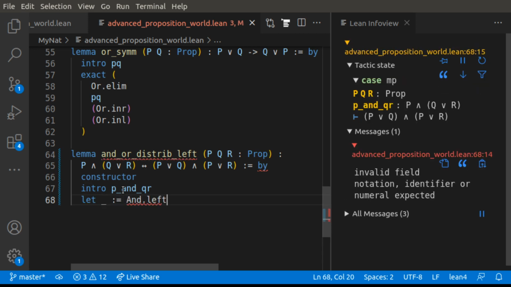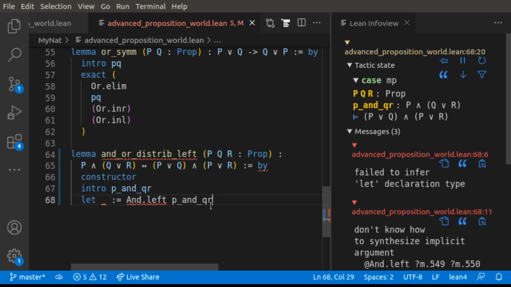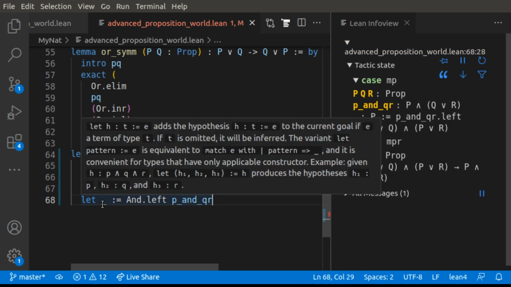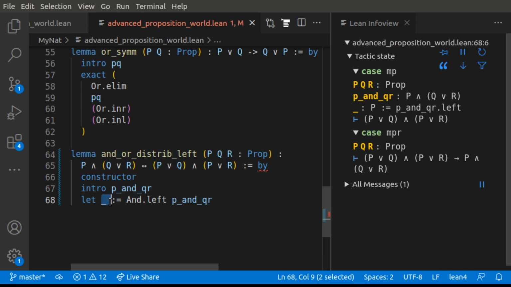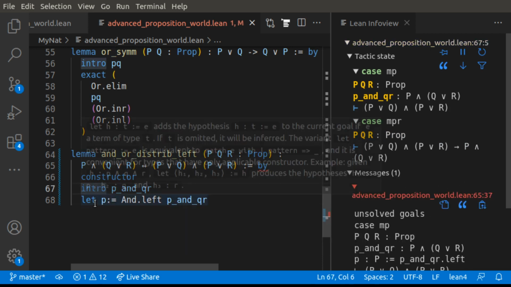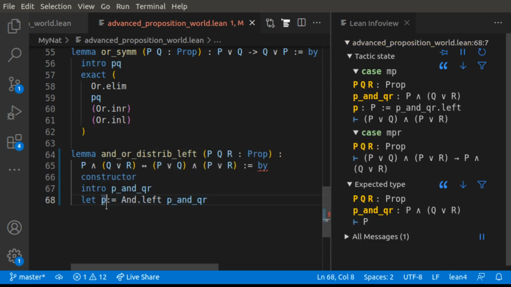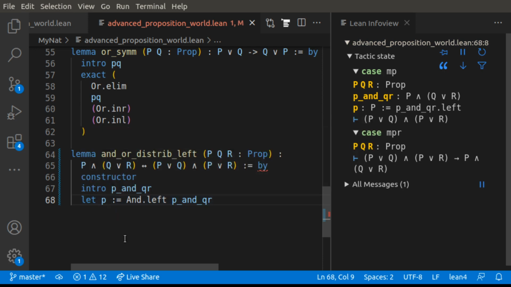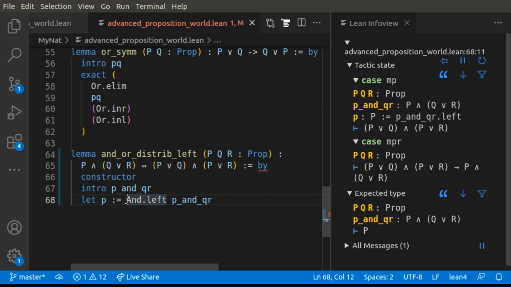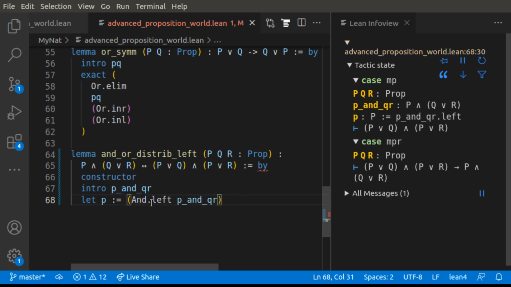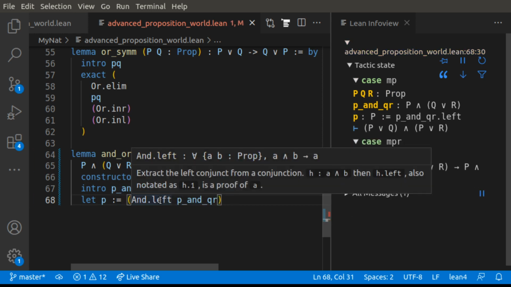And dot left. Okay, this is P. Is this right? And dot left.